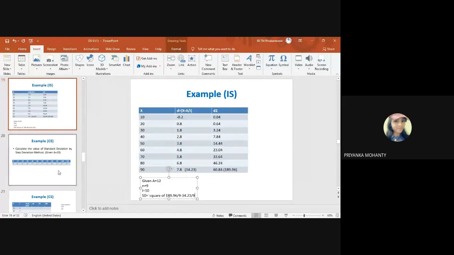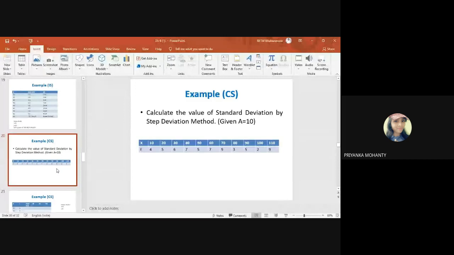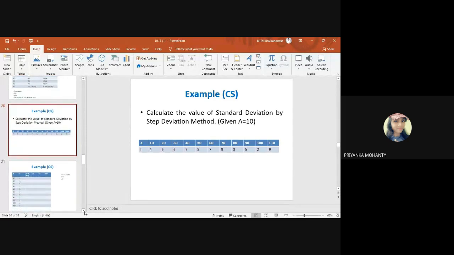In case of continuous series or discrete series, we have the following data. Calculate the value of standard deviation by the step deviation method. Here, the assumed mean is given. In case of x variable, we have 10, 20, 30, up to 100, and the last one is 110. The frequencies are given: 4, 5, 6, 7, 7, 9, 3, 9. Just make a table.